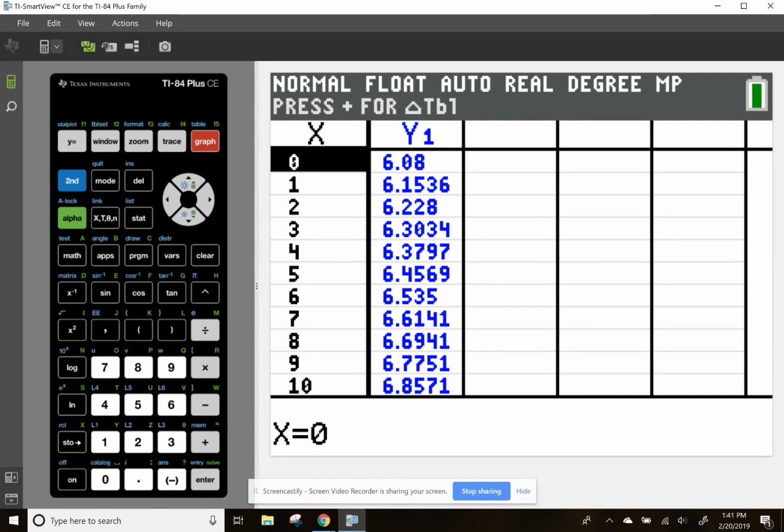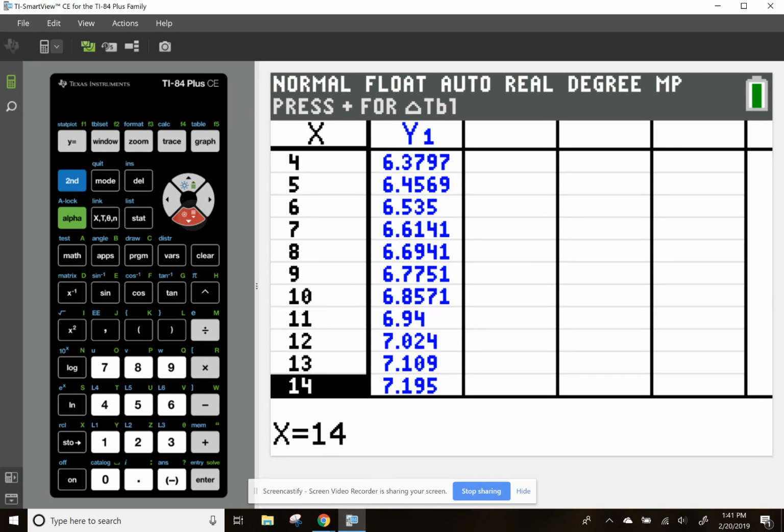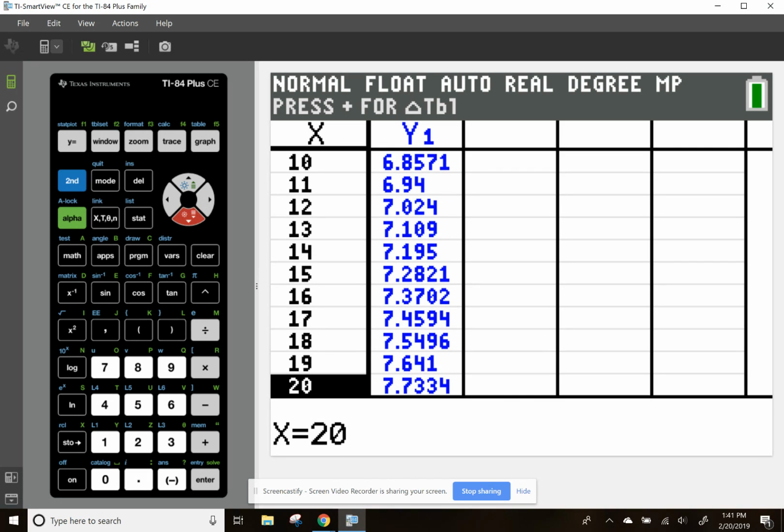So 1 is the year 2001, 2 is the year 2002, and so on. So I'm just going to scroll down until I get to, obviously, 20, because 20 will be the year 2020. And that will tell me what my population is in 2020. So it's 7.73 billion, remember. So that's the answer for C there.